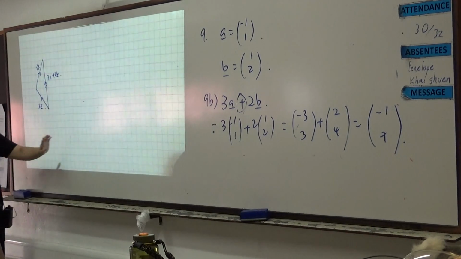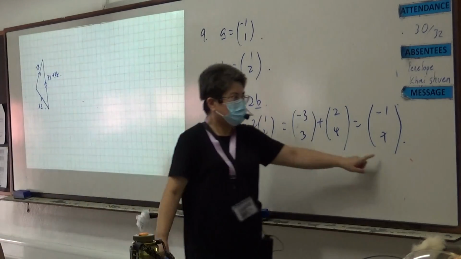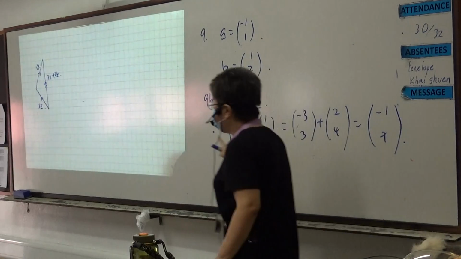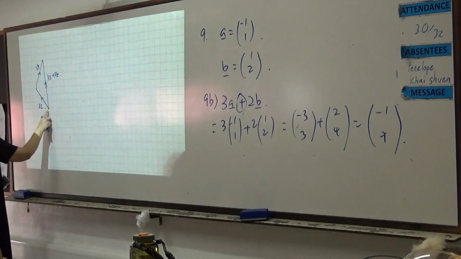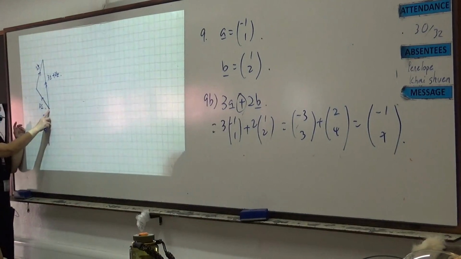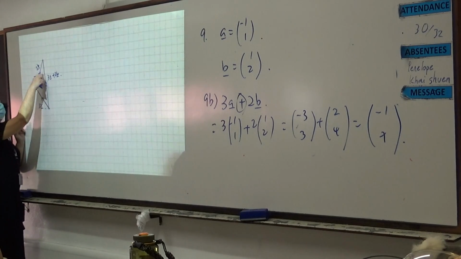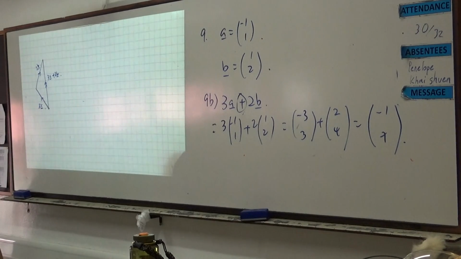Now I want to check. When I do it numerically, I'll have negative 1, 7. Now let's start from here. Can you see? This 3A plus 2B start from here. Negative 1, 1, 2, 3, 4, 5, 6, 7. I'm correct. You understand what I'm talking about here?